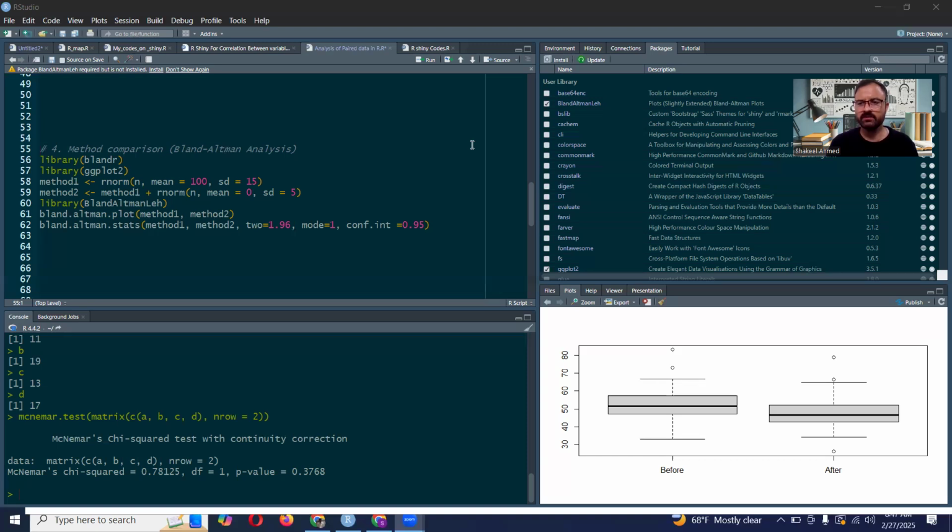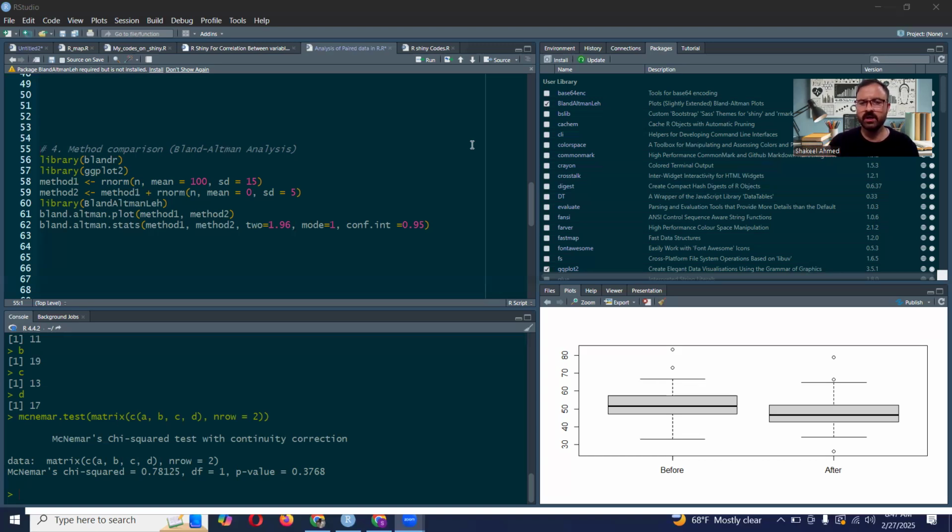control limits in quality control. If you already know about quality control, we have two limits. We have the mean difference in the center, and we have an upper limit and a lower limit.